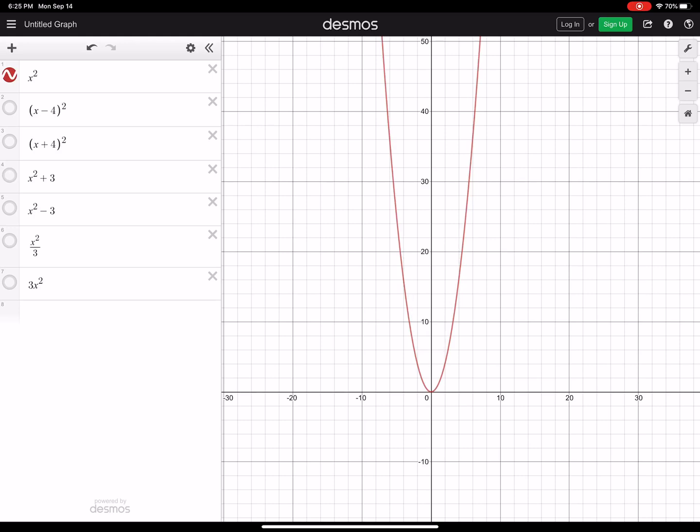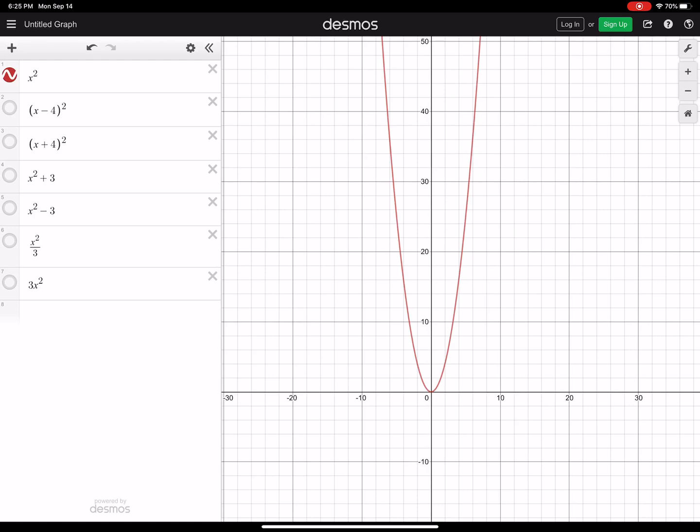If I want to drop it 3 units, I will subtract 3 from the x squared term. Finally, if I want to make the parabola wider, I will divide by 3 if 3 is the factor that I want, and if I want to make it narrower, I will multiply it.